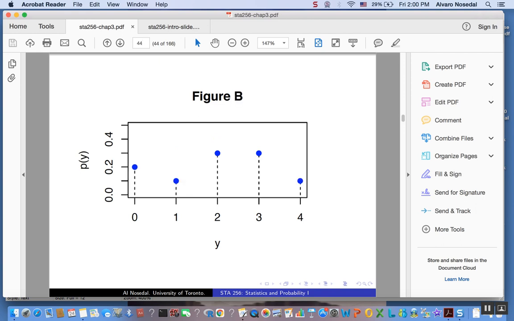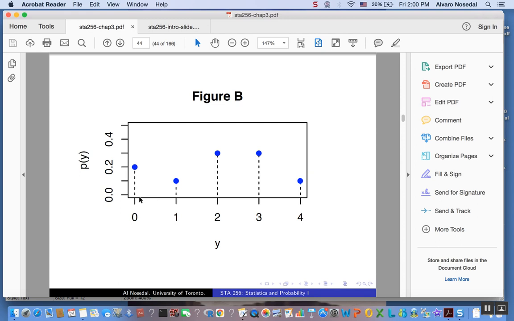Yeah, the graphical representation of the probability distribution for this random variable y, but in the case of the second company, right? So this one has more values, right? And maybe the center is also close to 2, just from the figure, right?